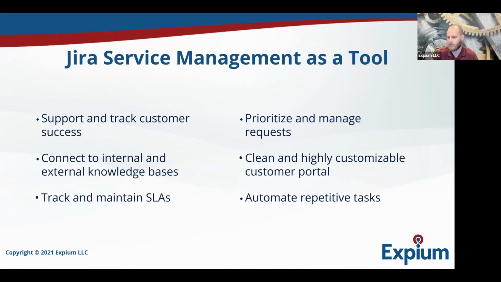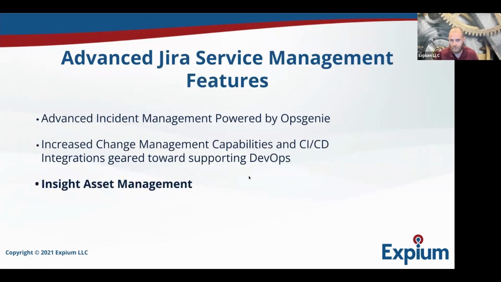We'll talk about that in a little bit more detail later on. Again, we talked about prioritization. We are talking about a clean and highly customizable customer portal where we have a very specific form. And then also we can talk a little bit about how we are going to be able to automate repetitive tasks with Jira Service Management.